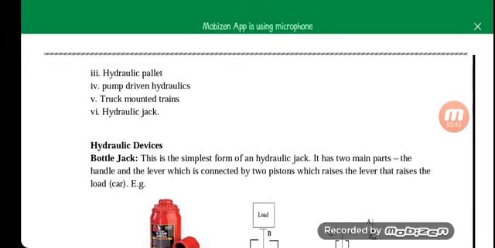It is used when you want to fix your car and lift it up a little. That stuff they place under the car to raise it up. Maybe they want to change the tire, maybe somebody wants to go underneath the car to check something, and so on and so forth.